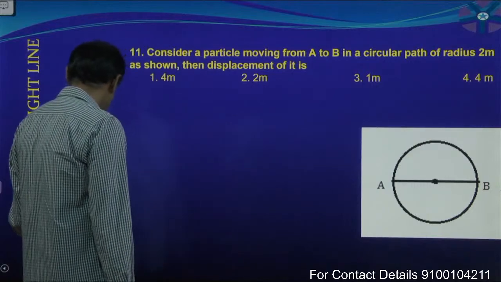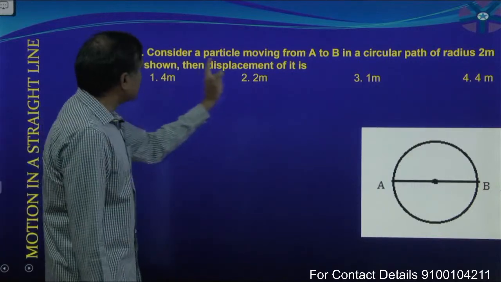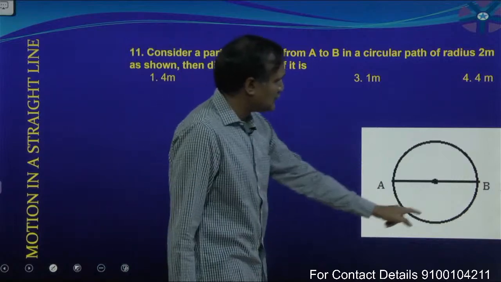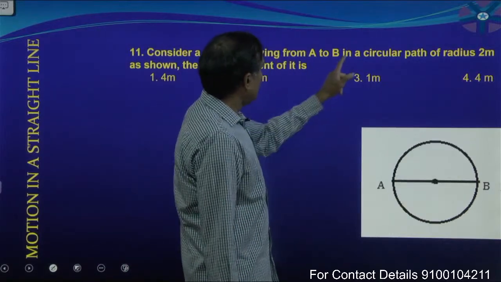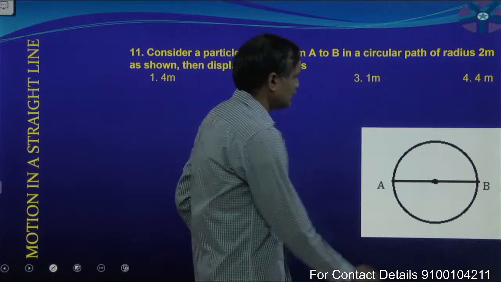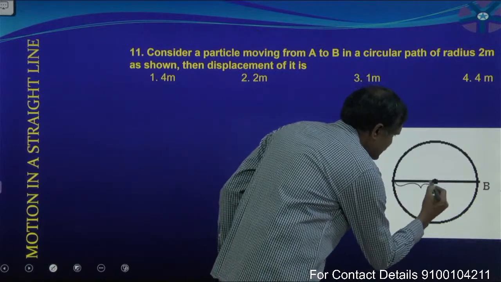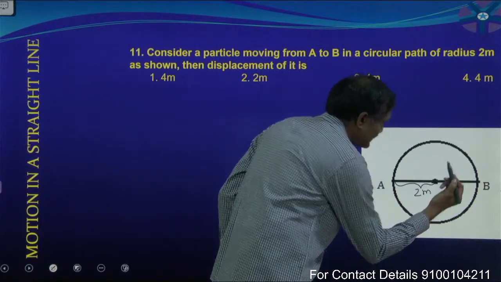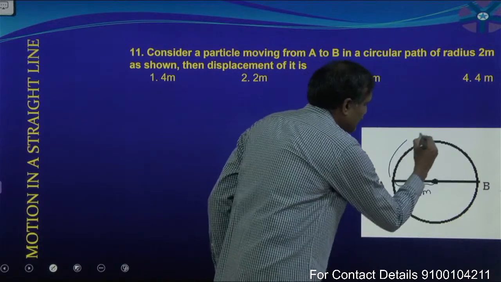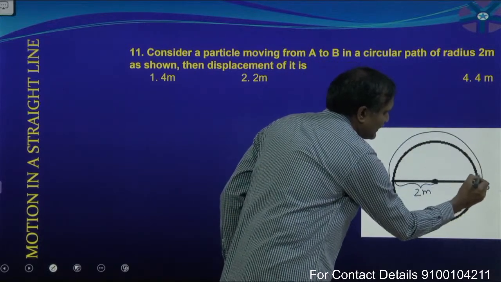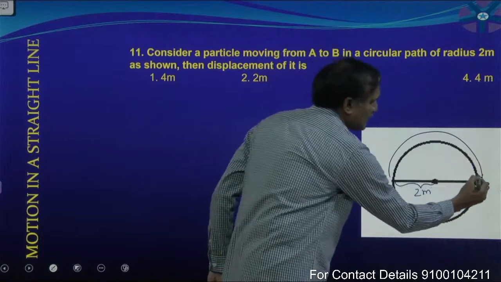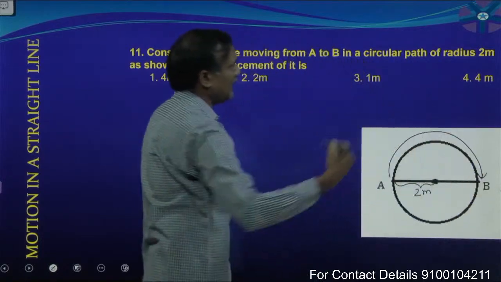Okay. Observe that. Its radius is equal to 2 meter. The particle moves from A to B.